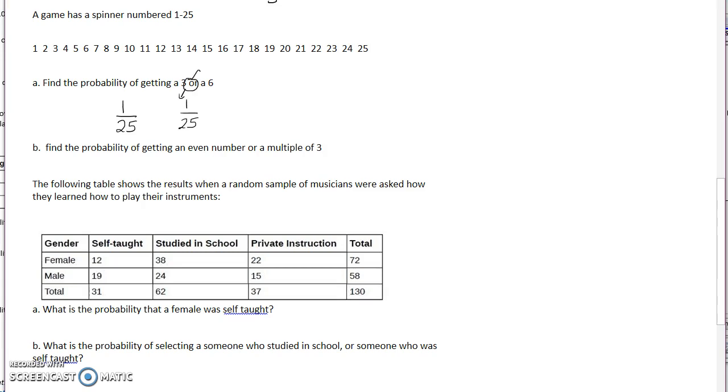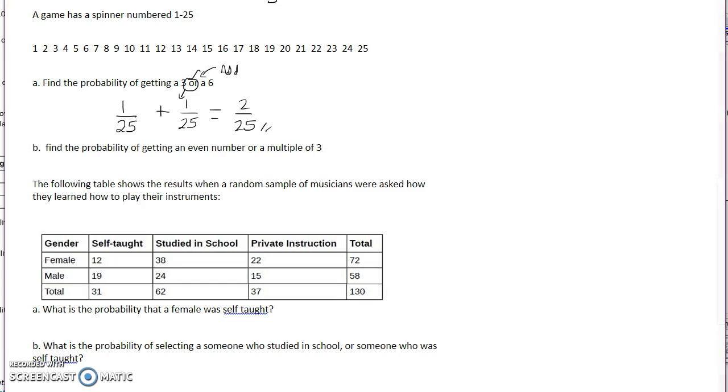Or is a key word. Usually or means add. So we add those together and we'd get 2 out of 25. You're going to see that we're going to favor percentages a lot with these basic probabilities. We will use percents later, but with these really simple ones, just getting a nice fraction is sometimes one of the easiest ways to represent this.